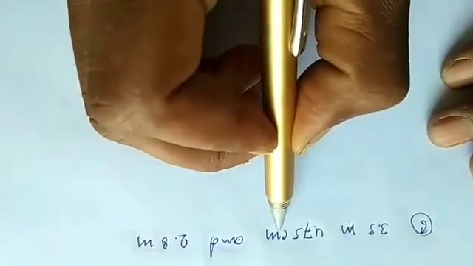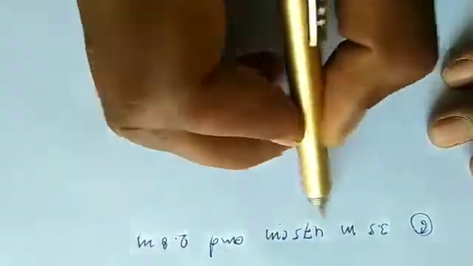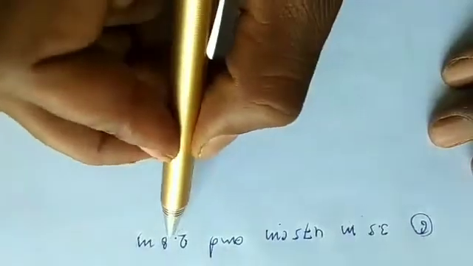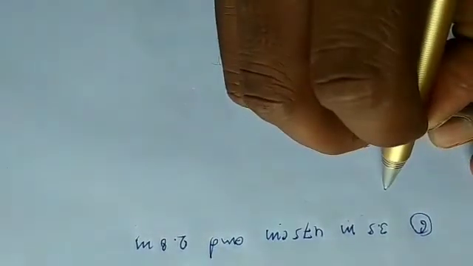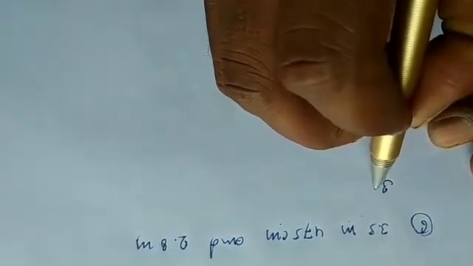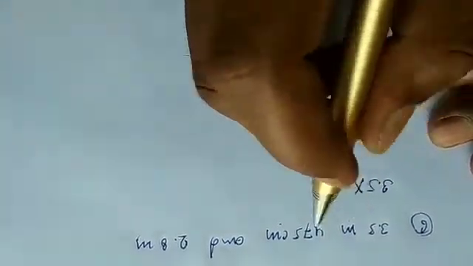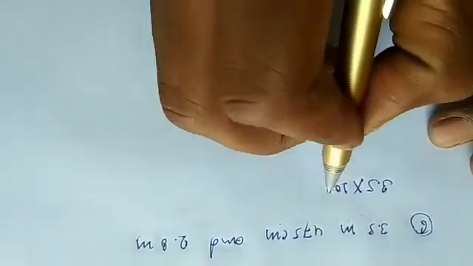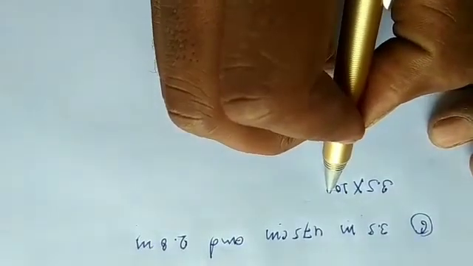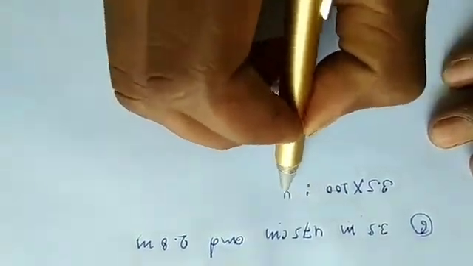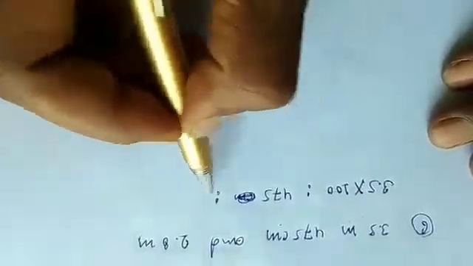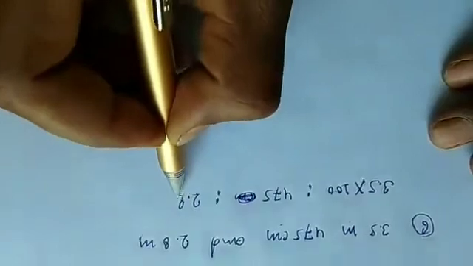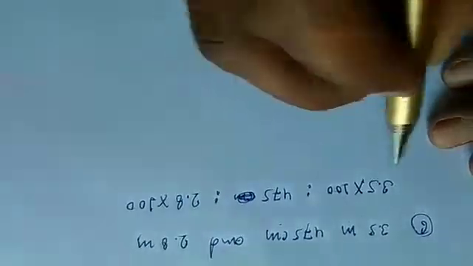We can also convert the centimeters into meters, so all 3 terms will be in meters. We can follow any one approach. This is 3.5. To convert into centimeter, multiply by 100, because 1 meter consists of 100 centimeters. Then 475, which is already in centimeter. Then 2.8, multiply by 100.